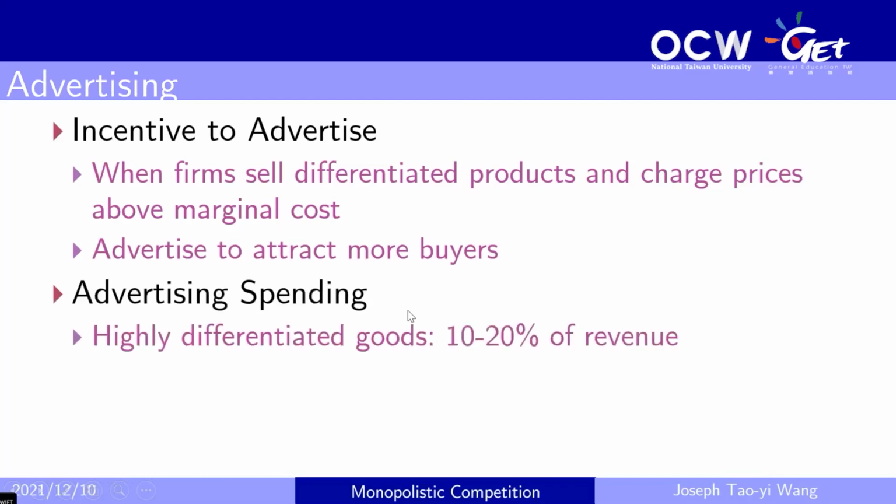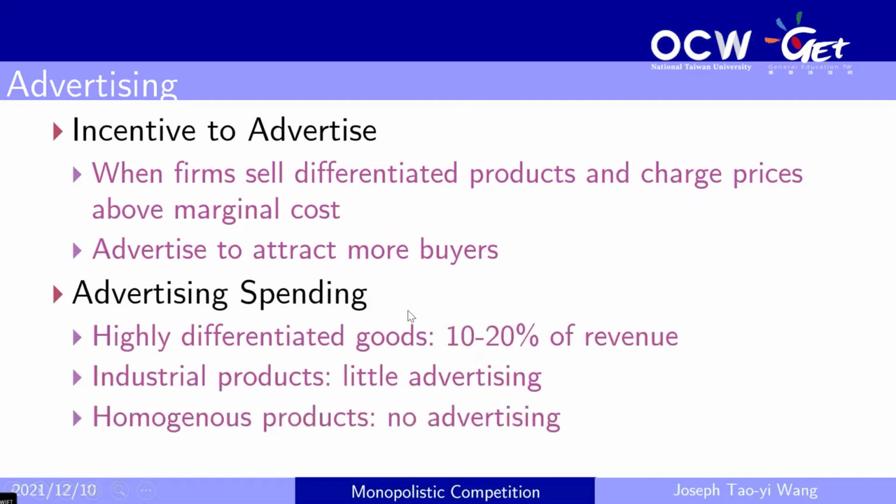In the data, what you see is that for highly differentiated products, 10 to 20% of the revenue goes to marketing. So advertising spending is quite a lot. Compared to that, for industrial products where everything is standardized, you see little advertisement. And for homogeneous products, there's no advertising at all.